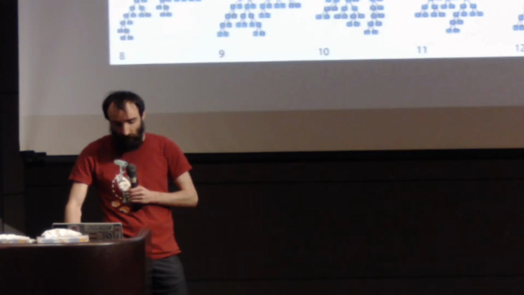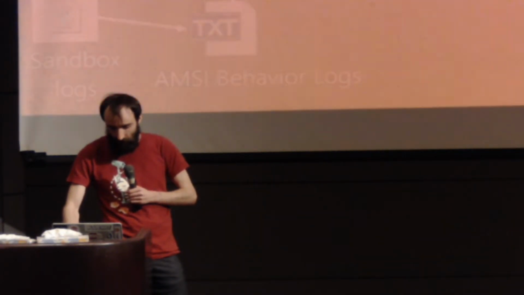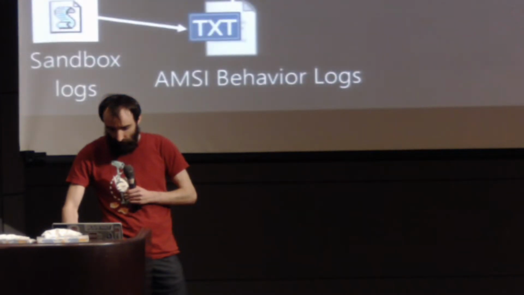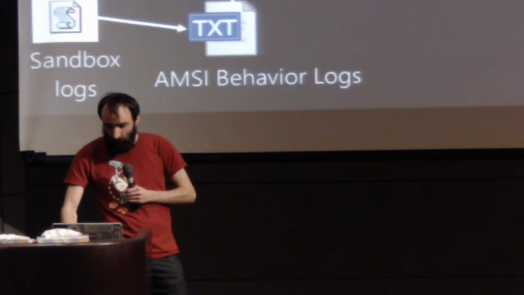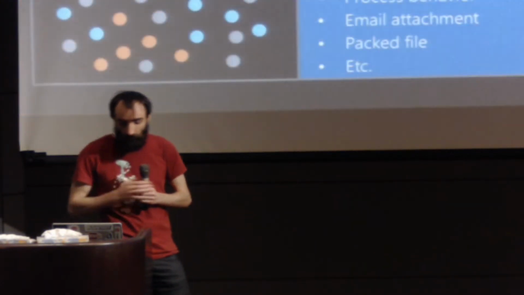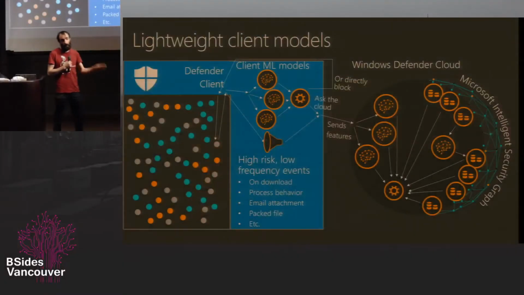So, although I cut it out of the one slide, we actually have more to it than just the client machine learning model bringing up queries. Okay, so we have more than just the client machine learning models bringing up queries to our cloud.